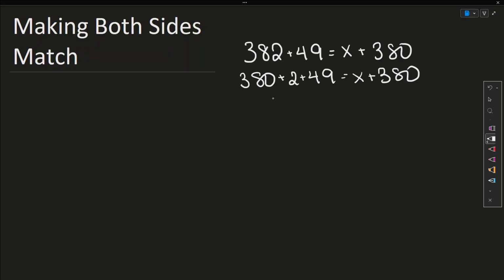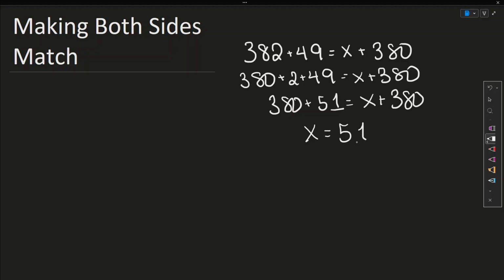This left side is once again 380 plus 51, and once again, that should still be equal to x plus 380. So x is going to be equal to 51.